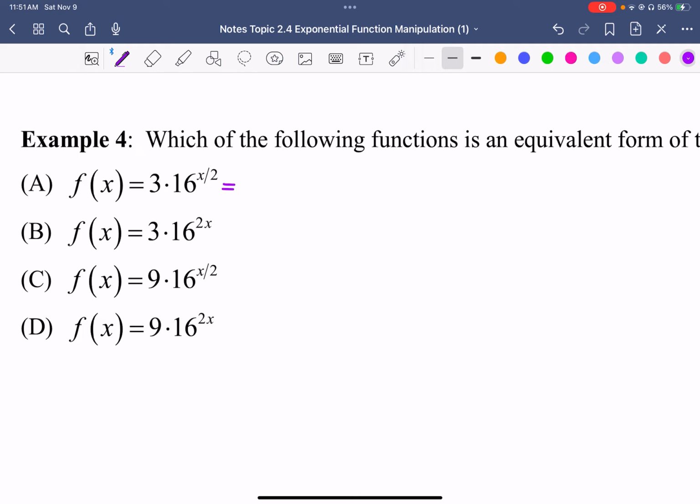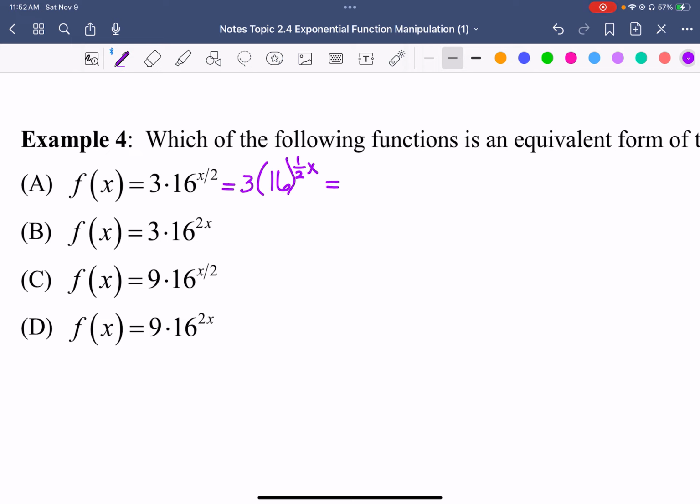Now remember, the 3 on the outside is not attached to this 16 to the power of x divided by 2. This is by itself. So this 3, I'm just going to carry it over. And I can rewrite the x divided by 2 because I know dividing by 2 is the same thing as multiplying by 1/2 x.